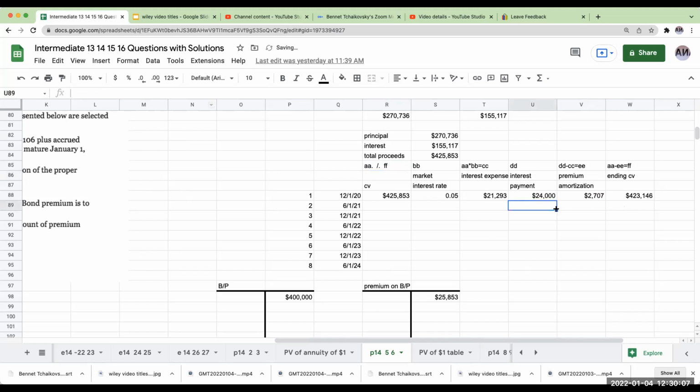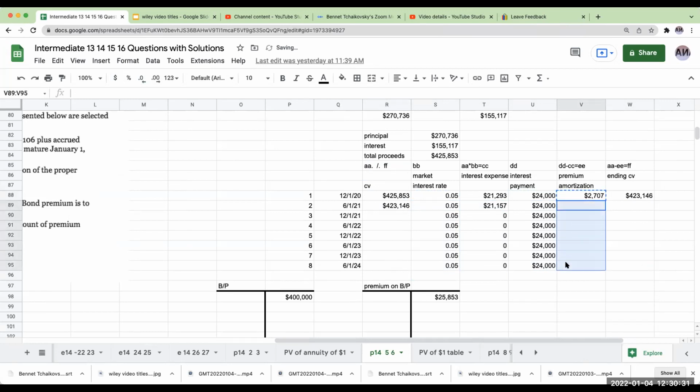Okay. So right over here, my ending becomes my beginning. My interest rate is not going to change throughout the entire time. Interest expense right over here. My cash paid for interest is always going to be 24,000. Again, I'm doing this to make sure that our ending carrying value gets down to 400,000.